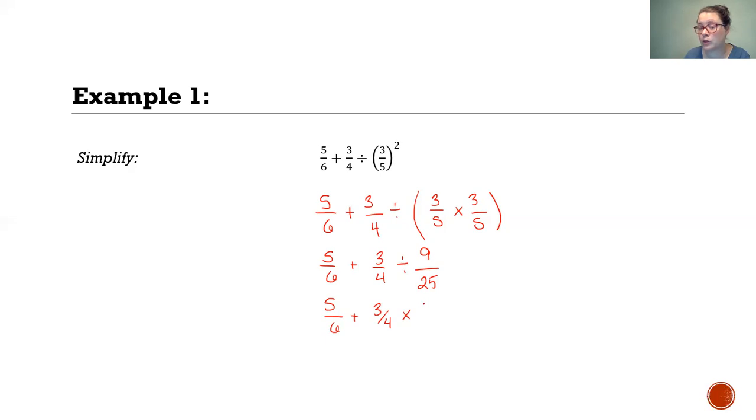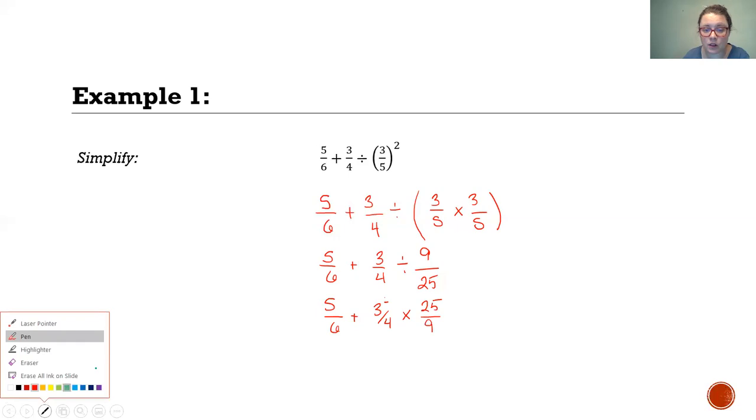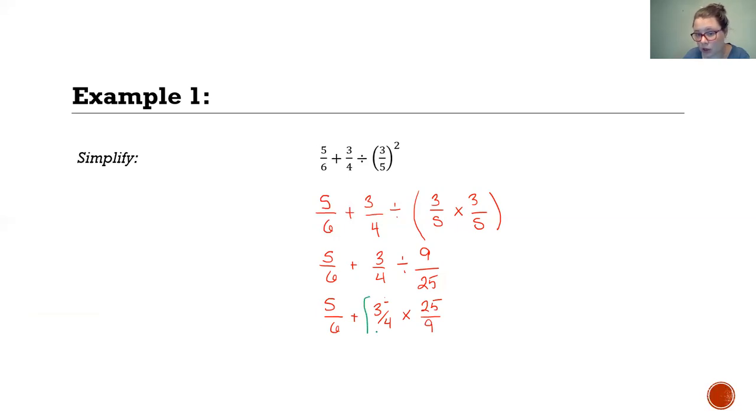This flips over, so we get 25 over 9. Now this is a really great spot to do some simplification in the middle if you want. I'm going to actually switch my pen color here. So we're just going to be basically looking at this part next.